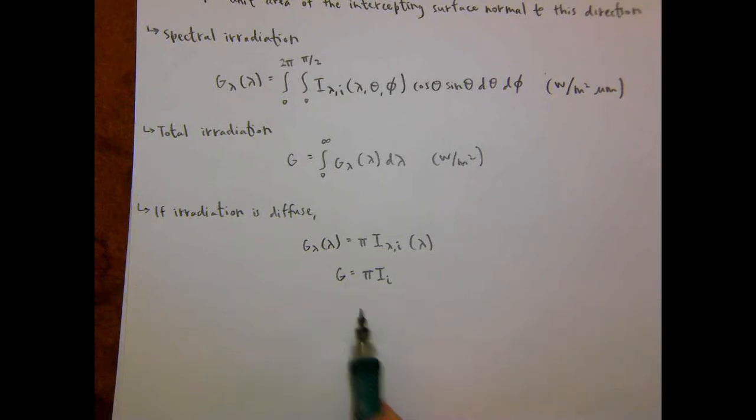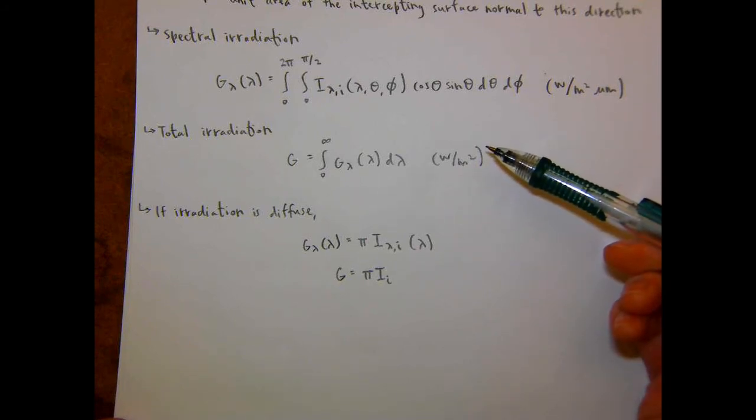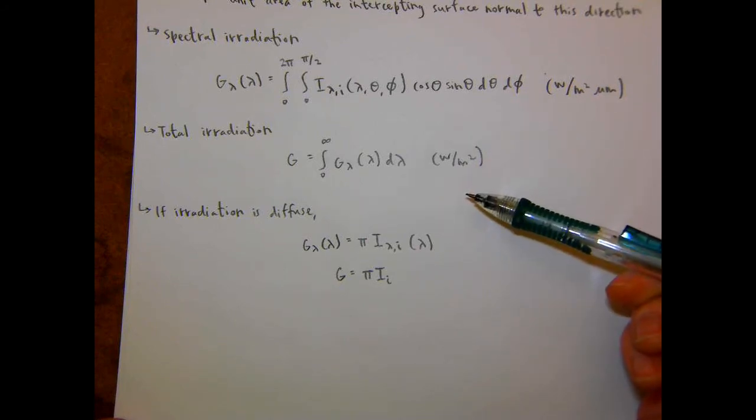Because if we're integrating up over a hemisphere, that's 2 pi steradians. So I think it's because the relevant area is the surface area for the spectral and total irradiation rather than the intensity.